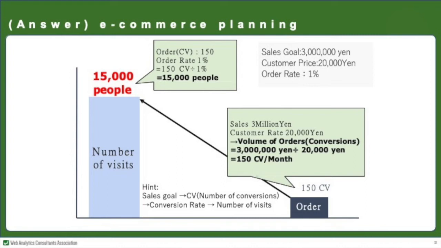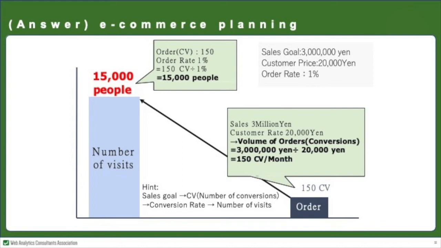Okay, great. Thank you very much. This is a very basic indicator. The important point is that your goal is to contribute to your client's business. Therefore you have to make an agreement with your client on the client's KGI.